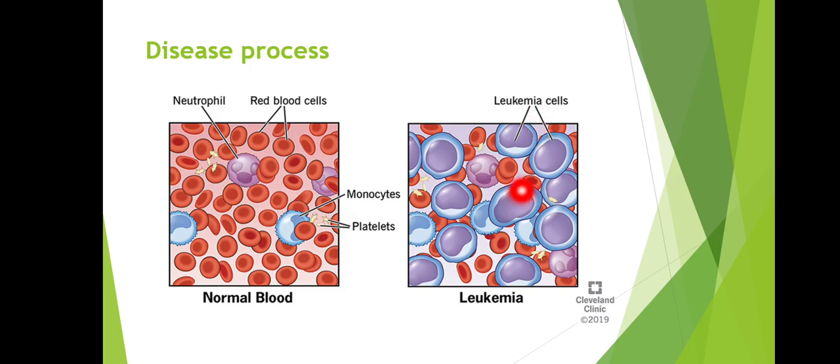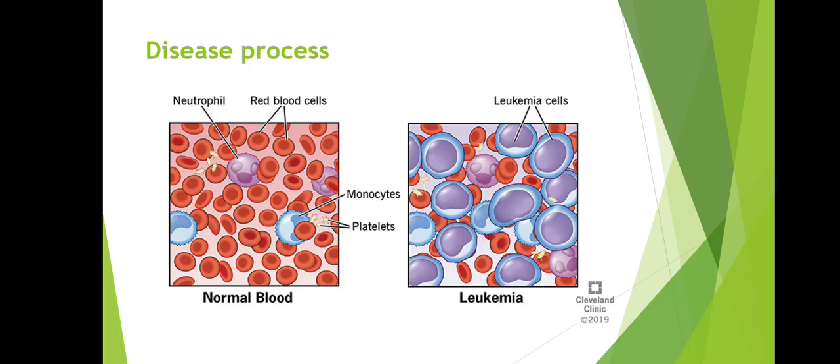But in the case of leukemia, the red blood cells are just in a normal shape and platelets are just in a normal shape. The problem is that the white blood cells become cancerous. They multiply uncontrollably, as you can see here. So how do they affect the red blood cells? They affect them because most of the space is going to be occupied by the white blood cells. So this is what happens in leukemia.